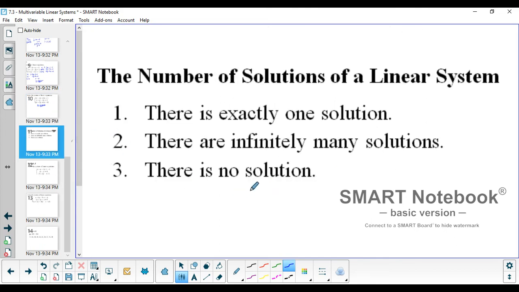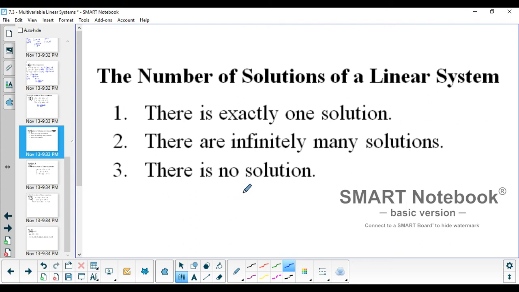Okay. So the number of solutions of a linear system, and with these larger 3-equation, 3-variable systems, we're only going to be doing linear. Although it has a z in it, if you were to graph it, it's still just a line, but it's in 3 dimensions.